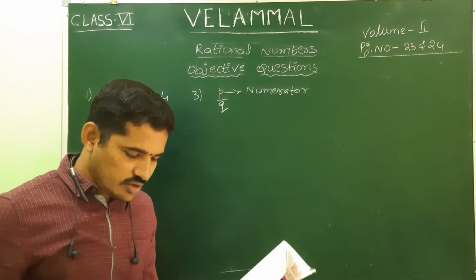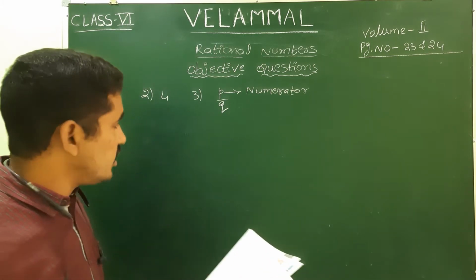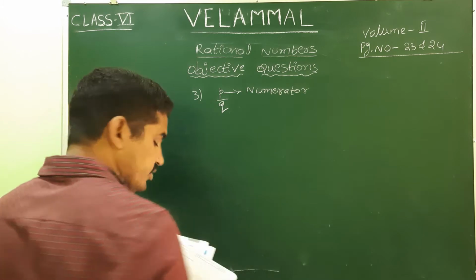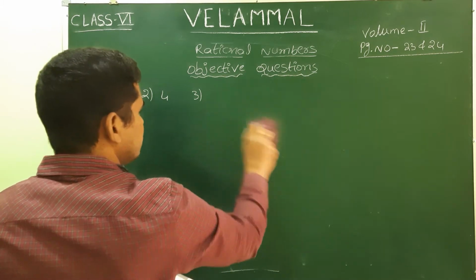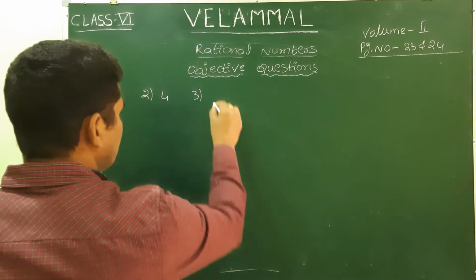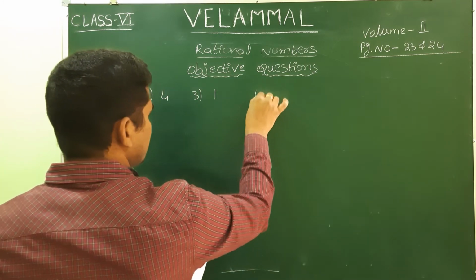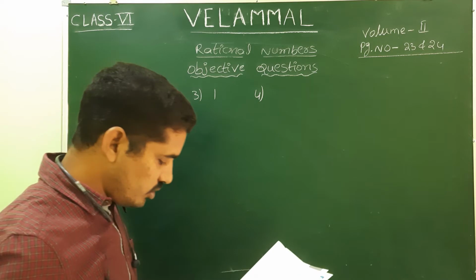So for this we can take option 1. Third question, option 1. These are direct questions, children. No need for explanation and all.